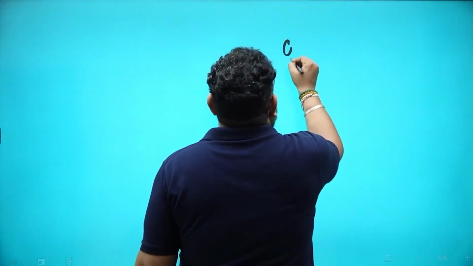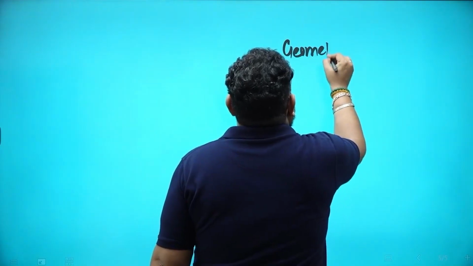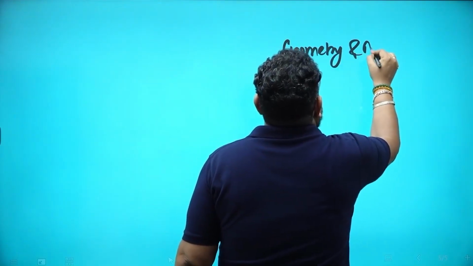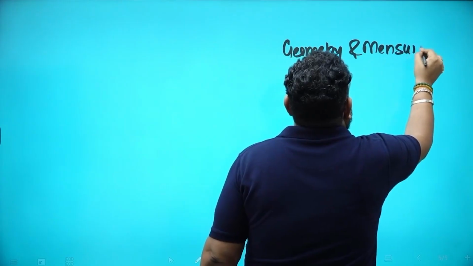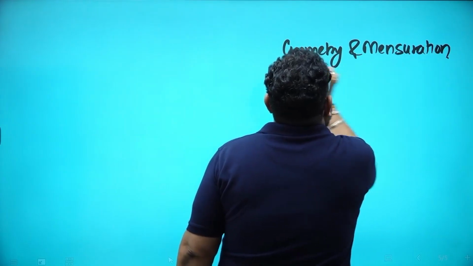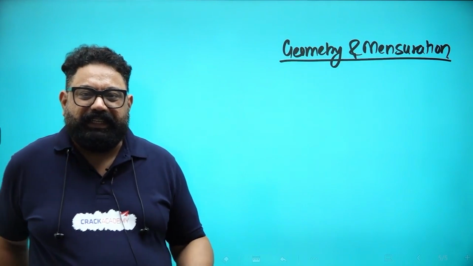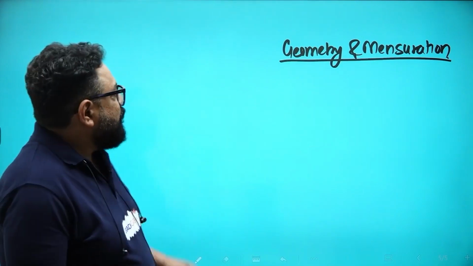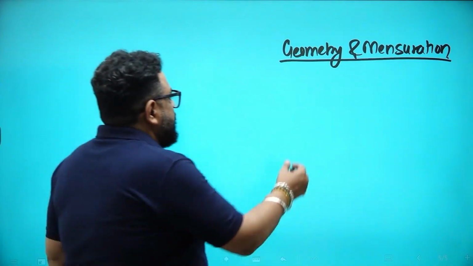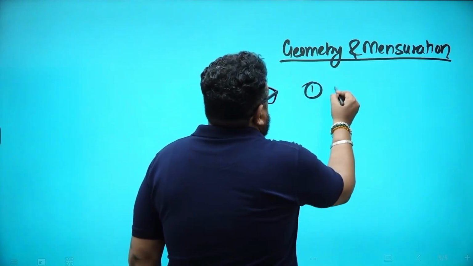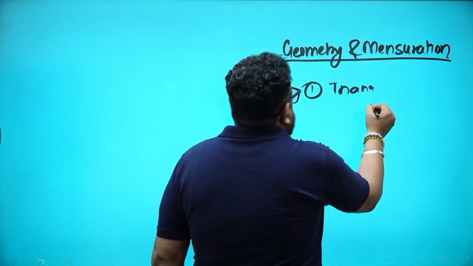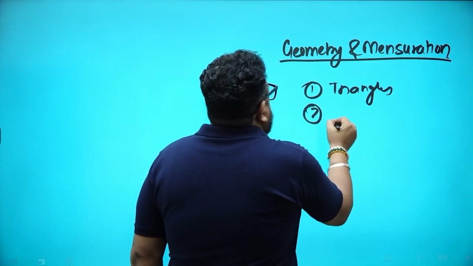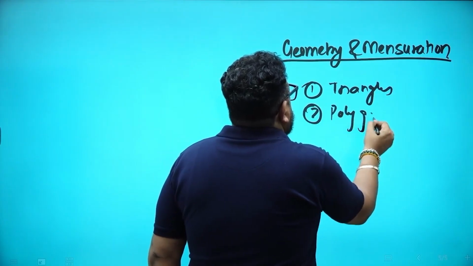Geometry and mensuration. A core topic in exams like SSC, Bank PO, CDS, railways, insurance, you name a paper, this course caters to each and every exam, right? When we talk about geometry and mensuration, yes, we talk about triangles, we talk about polygons, isn't it?